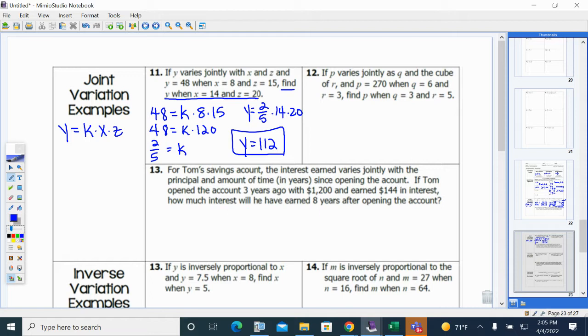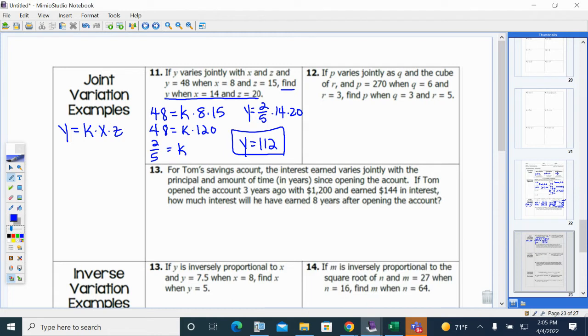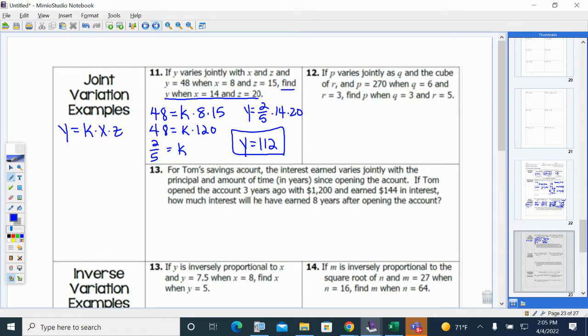Right, let's look at number 12. So on number 11, that flowed right with the notes that I gave you in the very beginning. So that was right along there with how this was given, that joint variation. But the next one is not. Let's read it carefully.